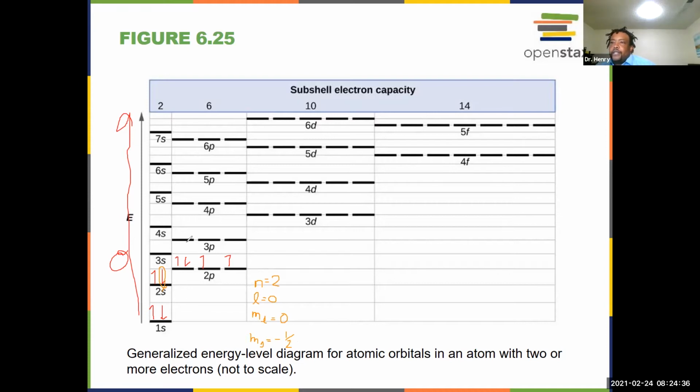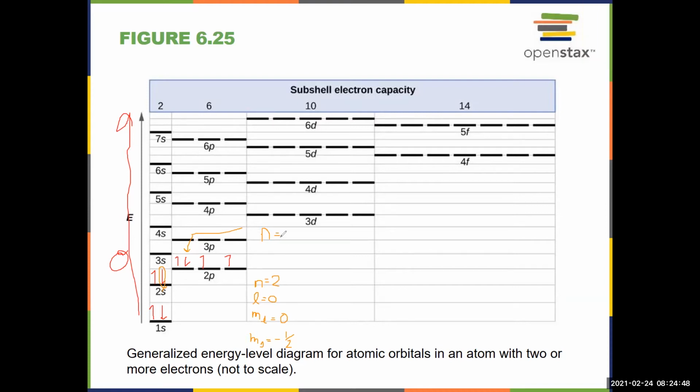So what about this electron here? n is 2. And then 1 for l.